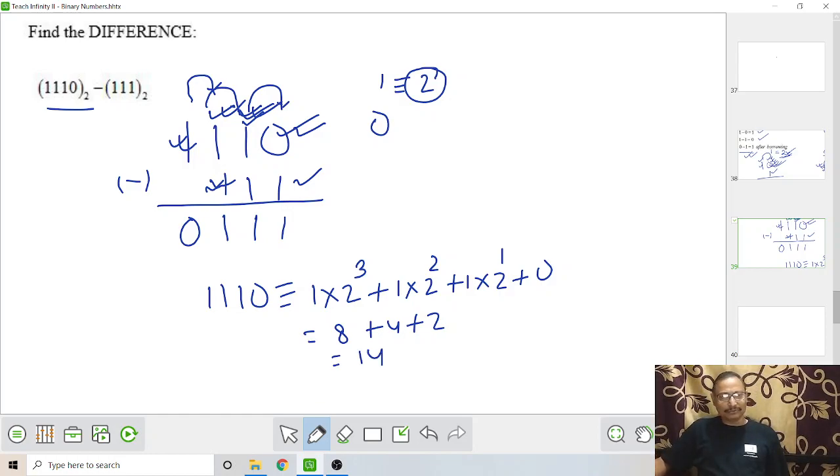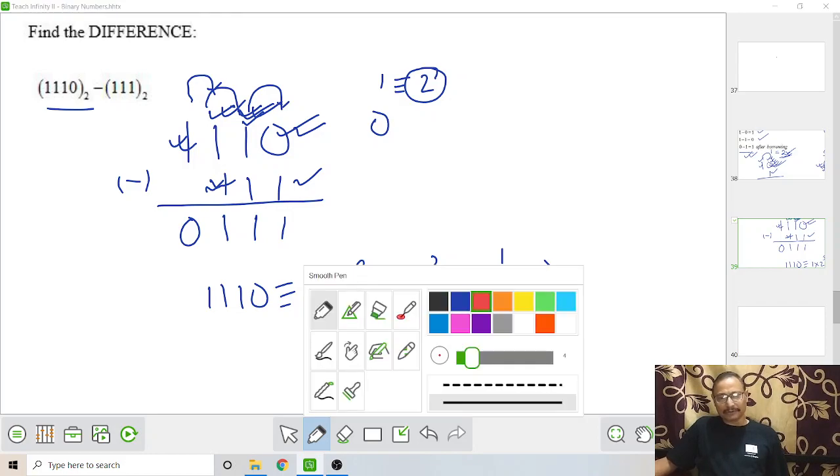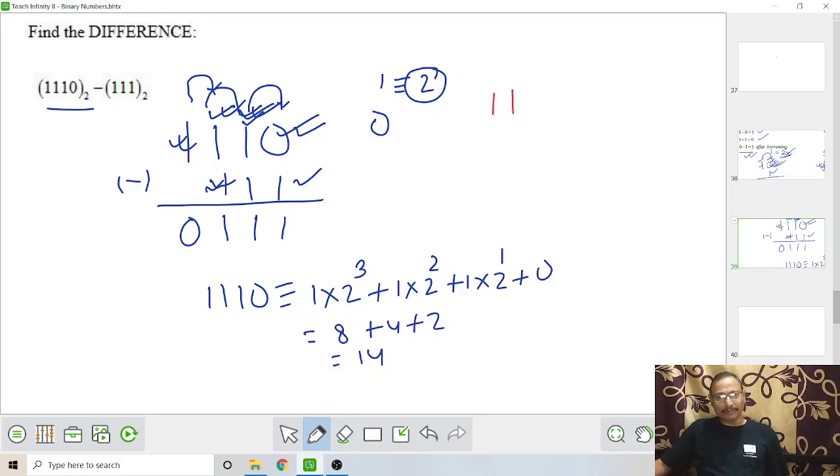And now what does 111 in the binary system give us? It is equivalent, in the decimal system, to 1 into 2 to the power 2, this is the third digit, plus 1 into 2 to the power 1 plus 1. So it gives 4 plus 2 is 6, plus 1 is 7.